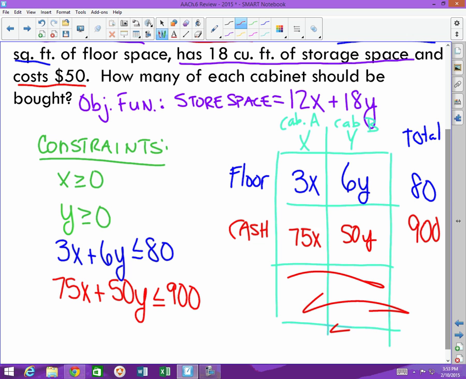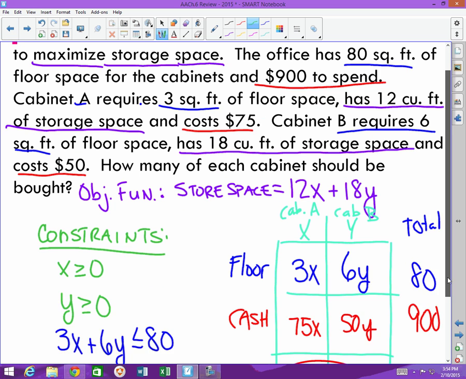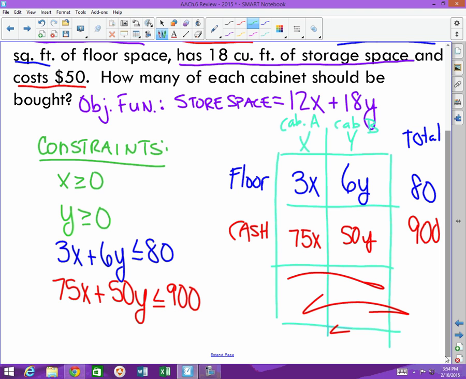So then you have to figure out what the feasible region is for our constraints. And if we're going to graph this, well, x is greater than or equal to 0 is this one. Y is greater than or equal to 0 is that one. And then if we go back here, in order to graph the blue one, we have to solve for y by subtracting 3x, and you get 6y is less than or equal to a negative 3x plus 80.